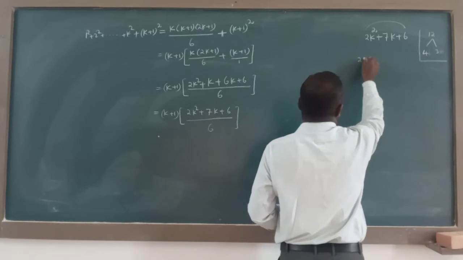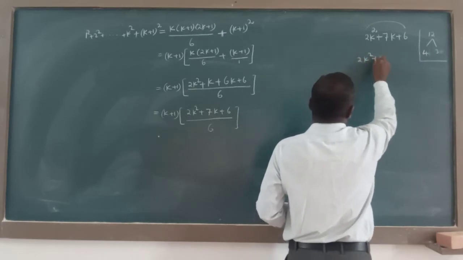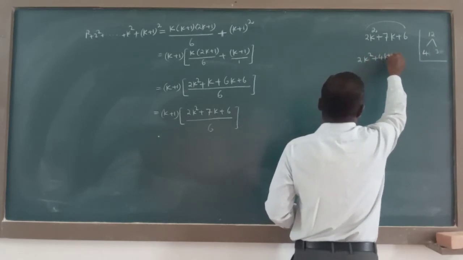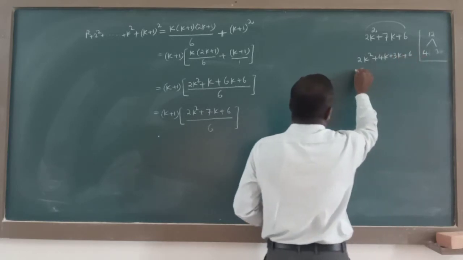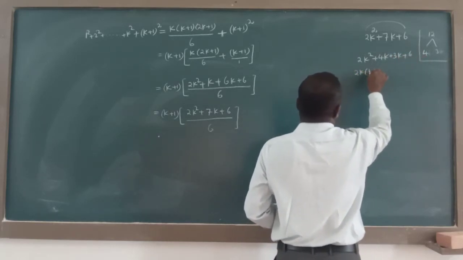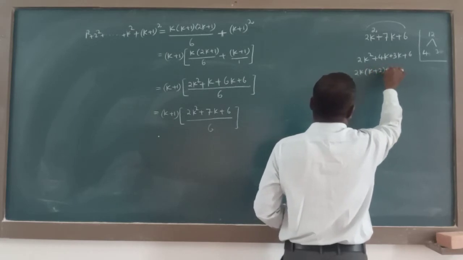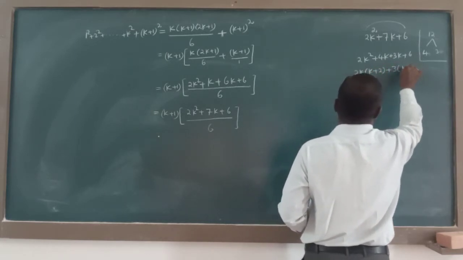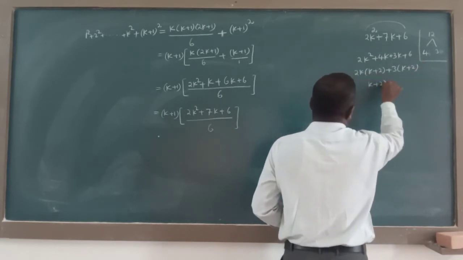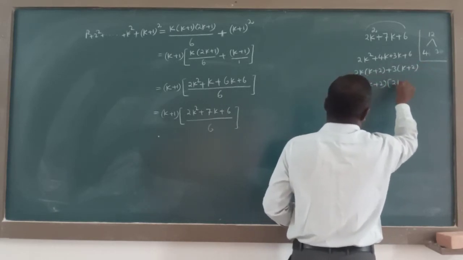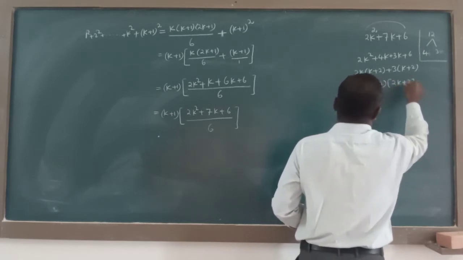Then you can convert it into a product of factors like this: 2k square plus 4k plus 3k plus 6. Take 2k common here, k plus 2, and again take 3 common here, k plus 2. Taking k plus 2 common, you will get 2k plus 3 here.